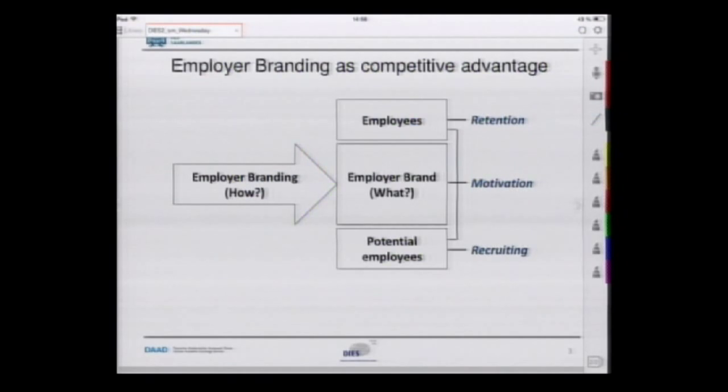First of all, we should look at the strengths. The strong points of our organization, our university. And how to measure, I don't know.